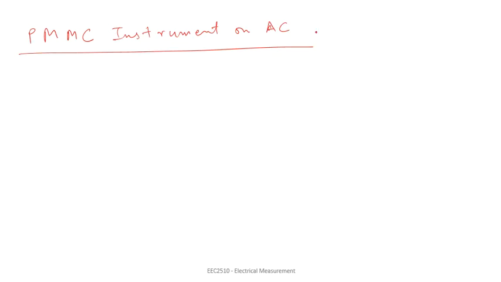If you remember, at the start it was told that PMMC type instruments are used only for measuring DC quantities; they cannot measure AC quantities. We all know that the PMMC instrument is polarized, that means the terminals are labeled plus and minus, so it must be connected correctly for positive deflection to occur.